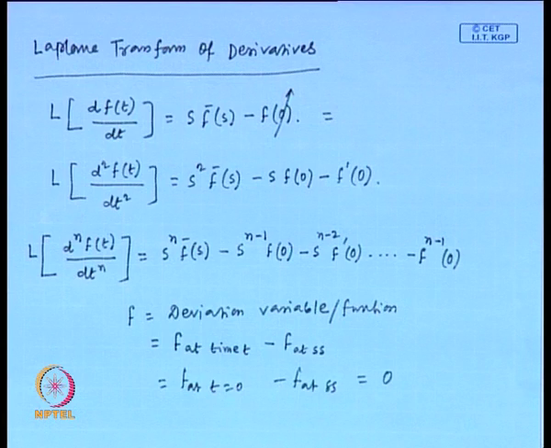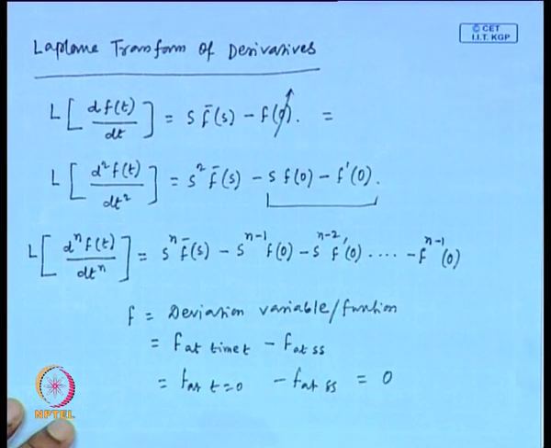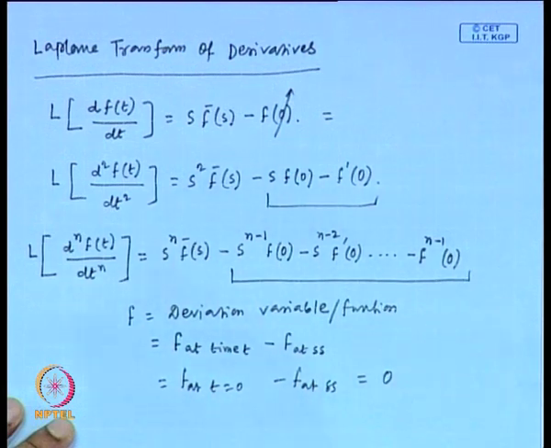So this becomes 0. Similarly, these two terms become 0, and all these terms equal 0. It is the usual practice in process control that the variables in the model are considered in the form of deviation variables.